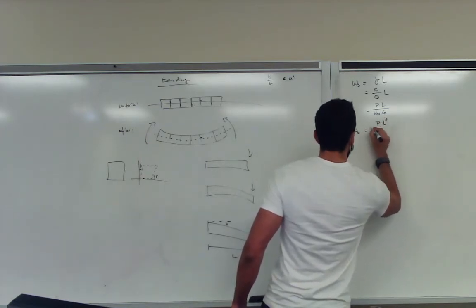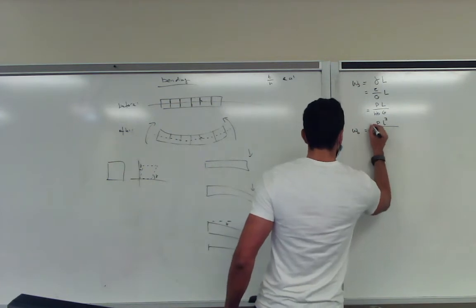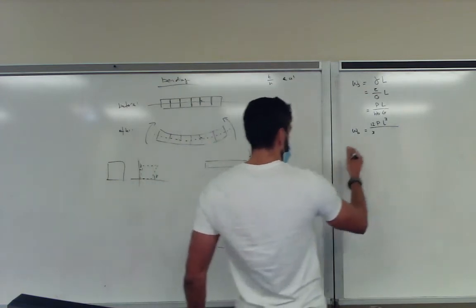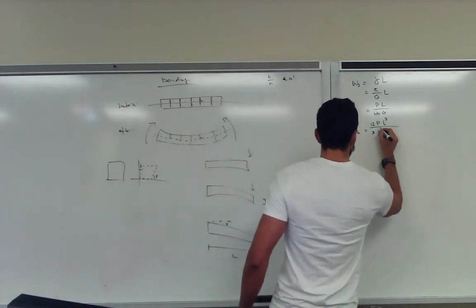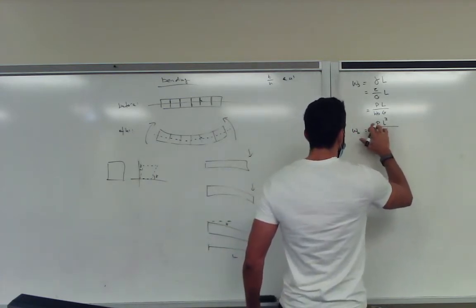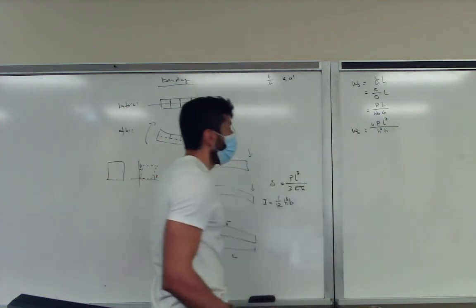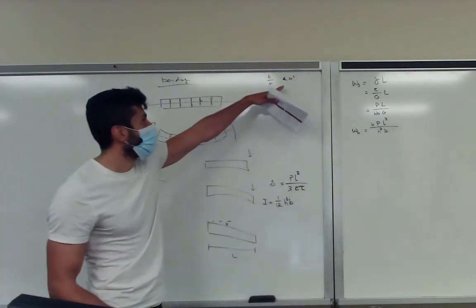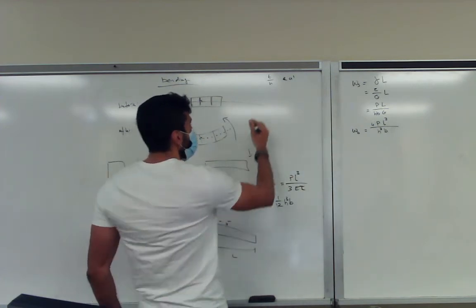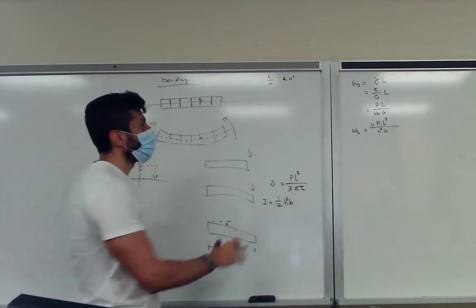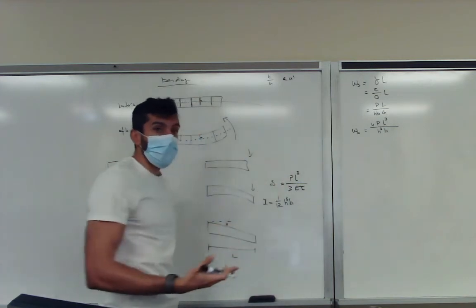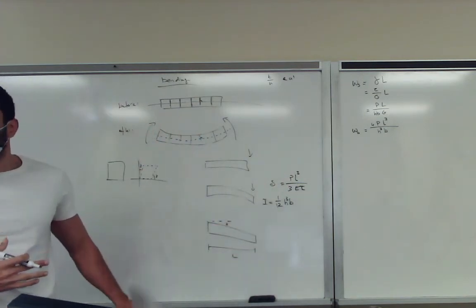We have PL cubed, 12 over 3, H cubed B E. 12 over 3 is nothing else than 4, so we can replace this by 4. And then we can make a similar assumption: if the deflection due to the shear contribution is less than 10% of the bending, we can ignore it, and if it's higher than 10%, then we cannot ignore it.